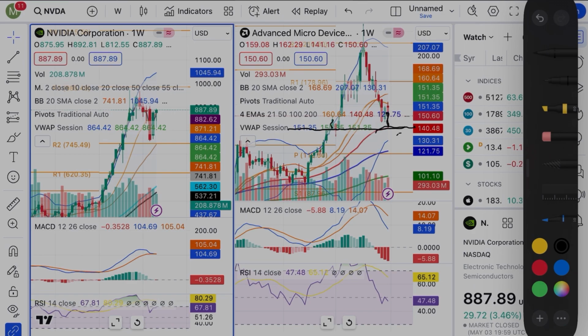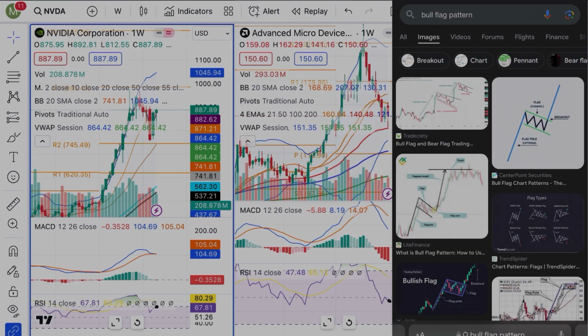It tried to come down, so that's a strong level of support where we just bounced from last week, right? On the weekly chart, a strong level of support for AMD. We're also pretty oversold on AMD. Now, NVIDIA, we're closer to the overbought range, but NVIDIA is showing me a nice bull flag.